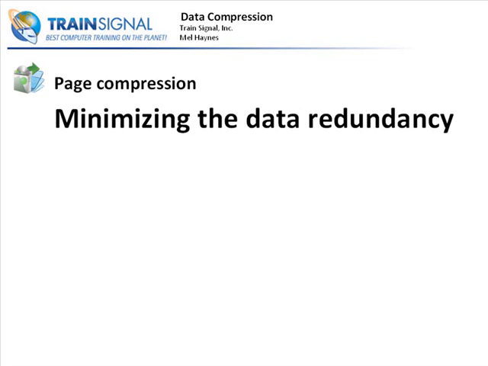When you look at page compression, however, page compression is more focused on minimizing data redundancy. What do I mean by that? Well, let's say you're the IRS, for example, dealing with the Internal Revenue Service here in the U.S., and every single American who's paying taxes is listed in there somewhere, and in that population there's probably quite a few people with the same first name, such as maybe John, right?